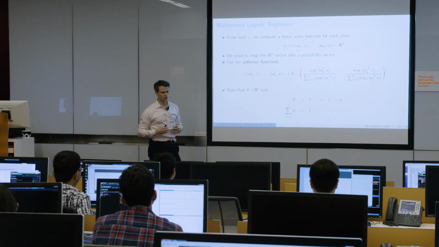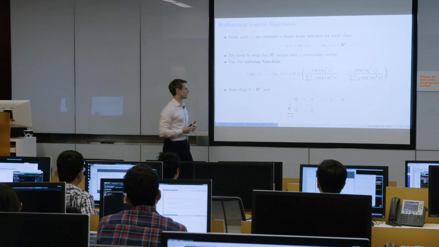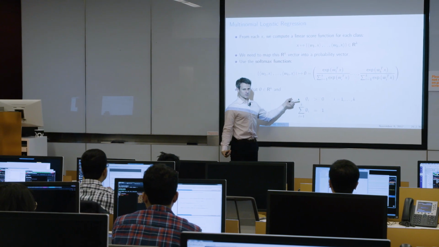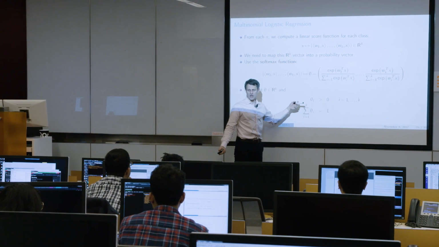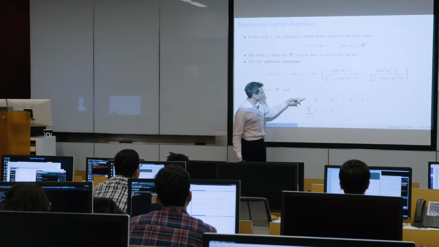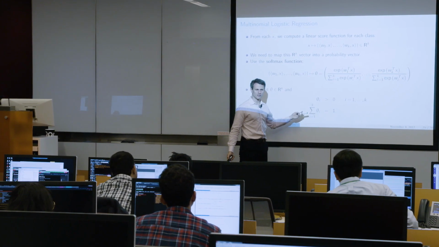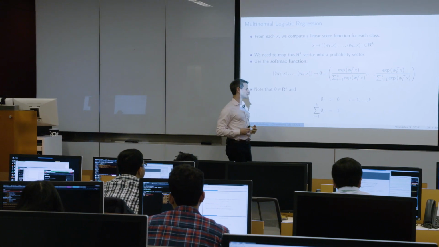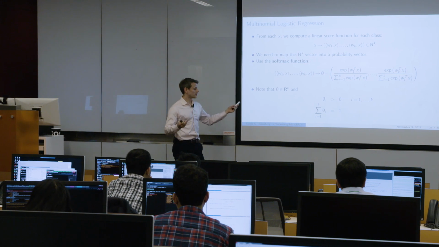So that's essentially what we're doing with logistic regression, where we only have a single theta. We say theta is the probability of class 1, and then we know that the probability of class 0 is 1 minus that. So here we've explicitly captured each theta, and yes, there's some redundancy, but this is a convenient way to do it.